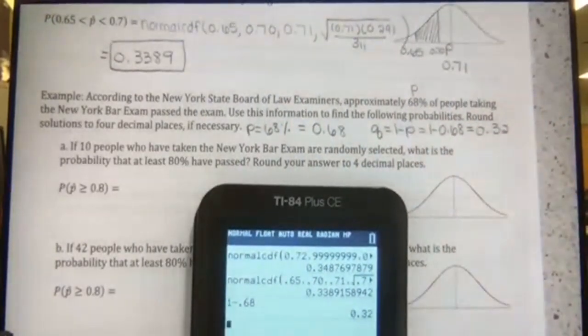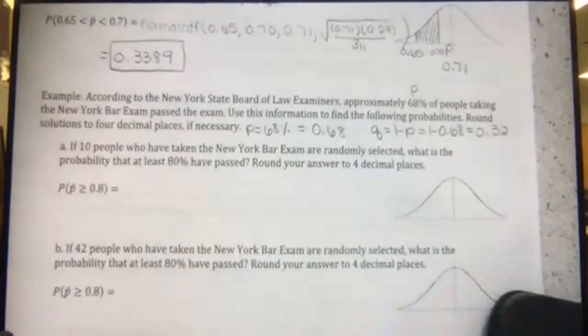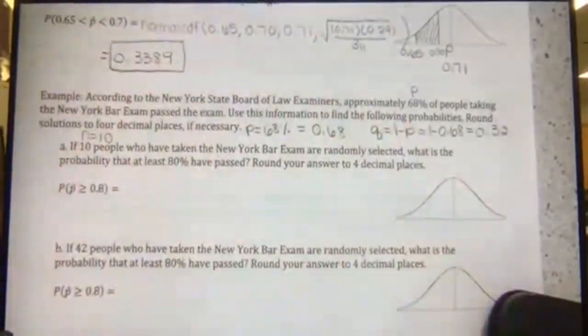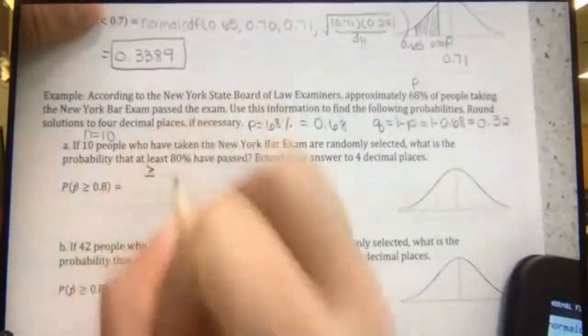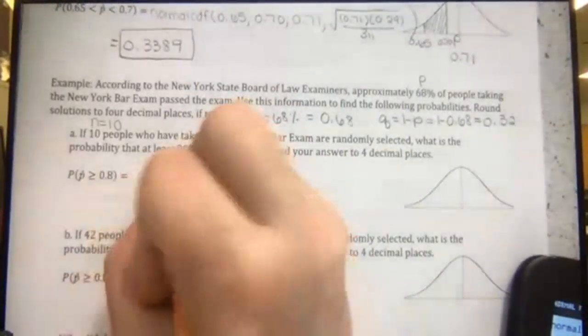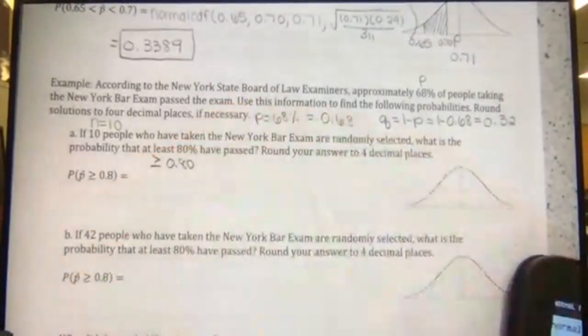Use this information to find the following probabilities, round to 4 decimal places if necessary. So if 10 people who have taken the New York bar exam are randomly selected, so this is our sample size, so n is 10. What is the probability that at least, which means greater than or equal to, as it tells us in the problem, 80%, so 0.80, have passed?